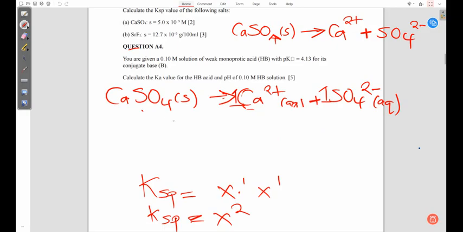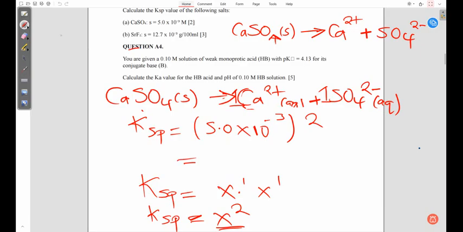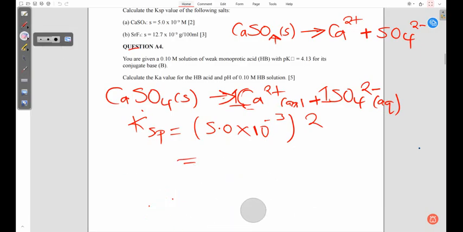Now what is the Ksp expression? In this case, we've said it's x squared. Now the x is what denotes the solubility. So we just substitute 5.0 times 10 to the power negative 3, to the power 2. So what do you get when you square that?